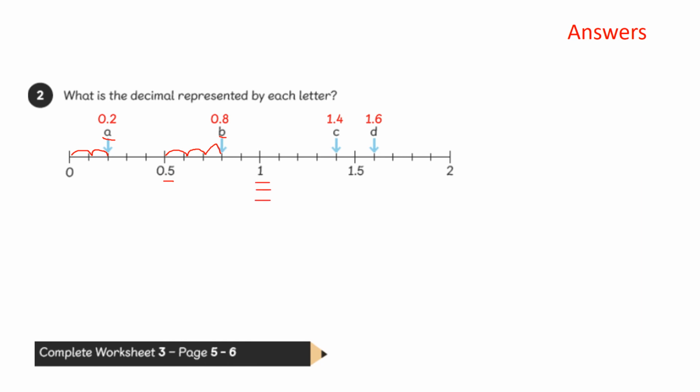Then we got to C. We've now seen on the number line that at this point we've now passed over into the ones portion of the number line, and if we've got 1 here then we're going to be counting on 1.1, 1.2, 1.3 and then 1.4. We know here that this is 1.5, so then D is going to be 1.6.